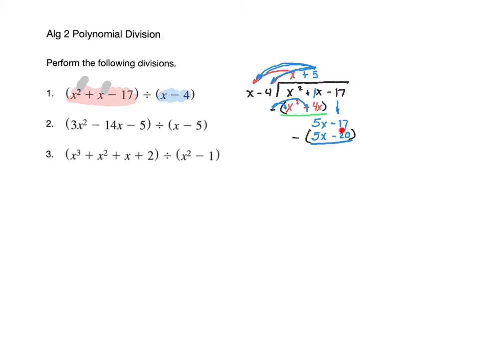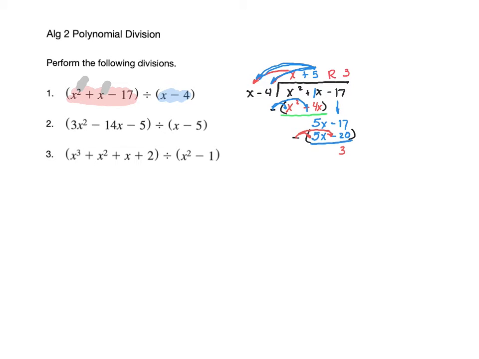This is going to be negative 17 plus 20, because when we distribute that negative, the negative 5x, here it gives us plus 20. So negative 17 plus 20 is 3. I can't take x times anything to get a 3, so that is my remainder. So this would be a remainder of 3.